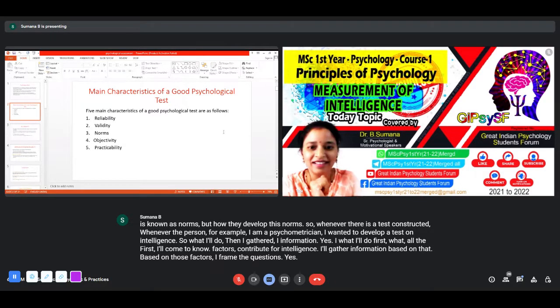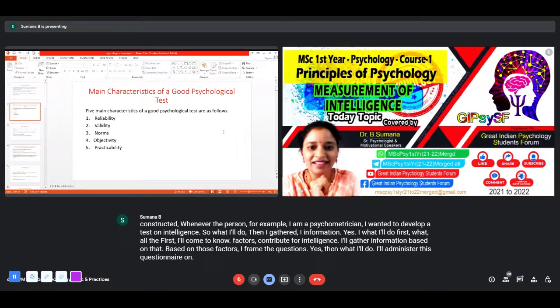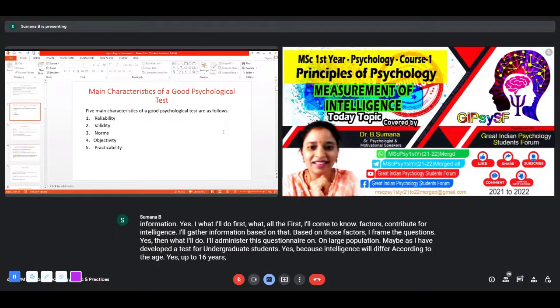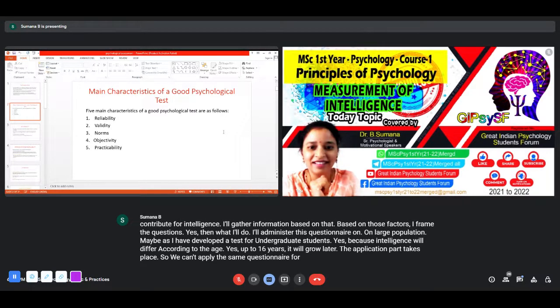Then I'll administer this questionnaire on a large population, maybe undergraduate students, because intelligence will differ according to age. Up to 16 years it will grow, later the application part takes place. So we can't apply the same questionnaire for all the age groups.